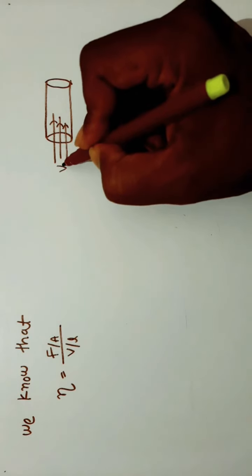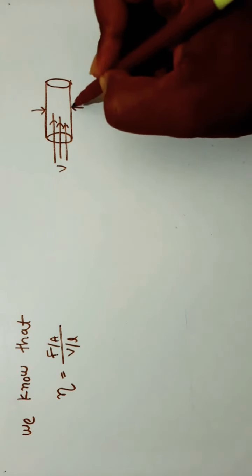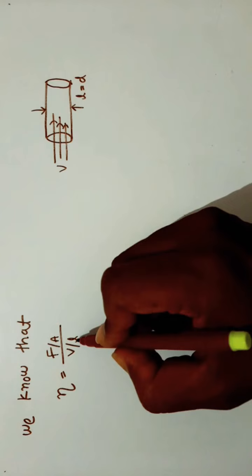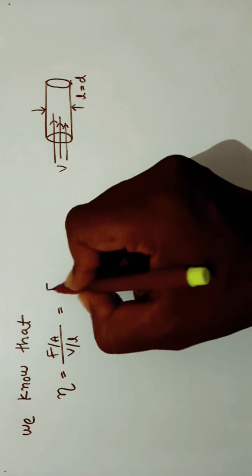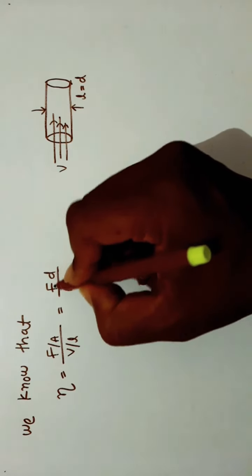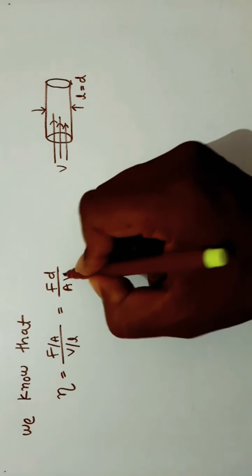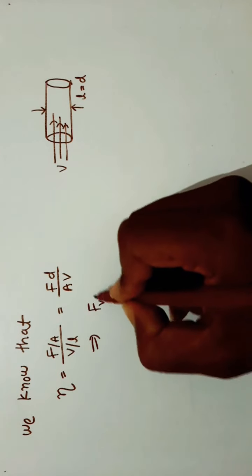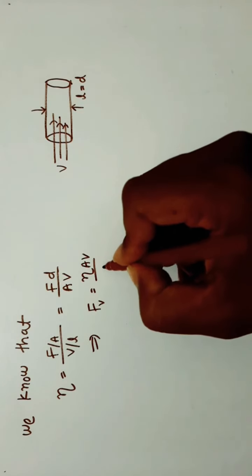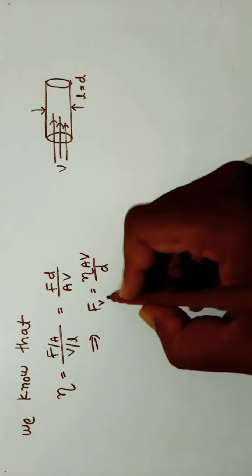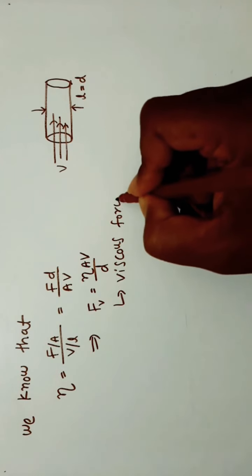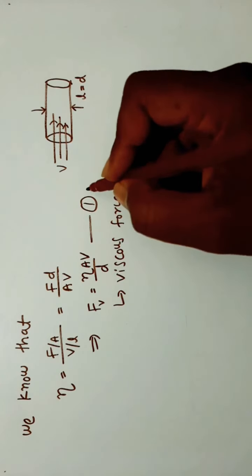So the velocity of fluid is V. Here the length is equal to the diameter of the pipe, so L is equal to D. So from this we can write the viscous force F is equal to eta A V by D. So this is known as viscous force. Let us take this as equation 1.